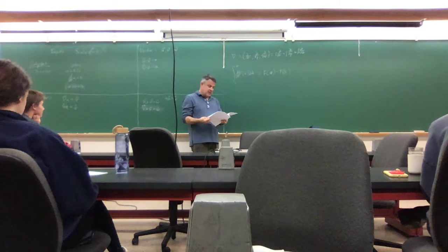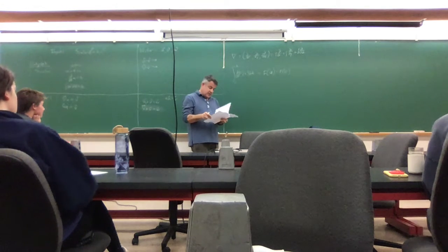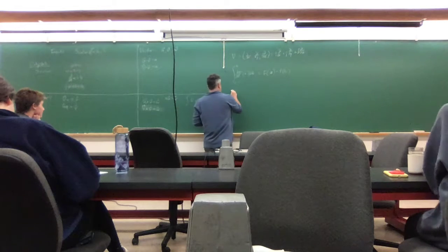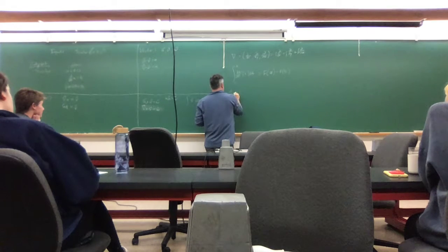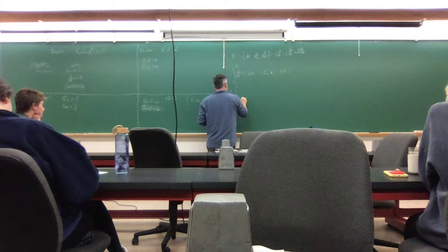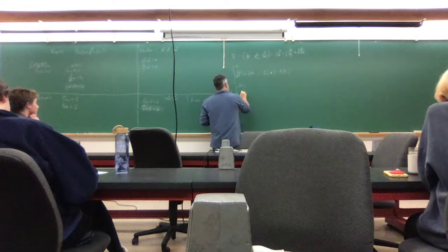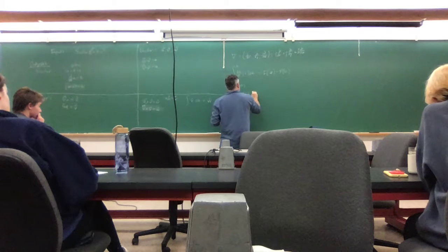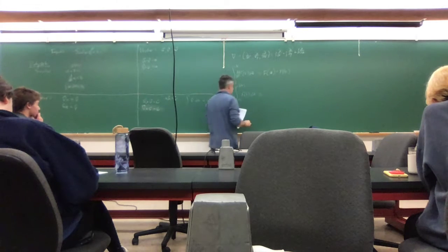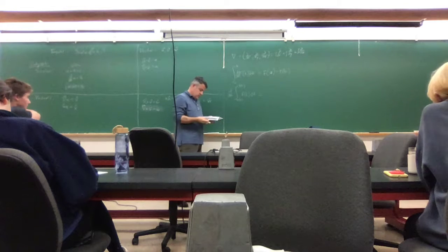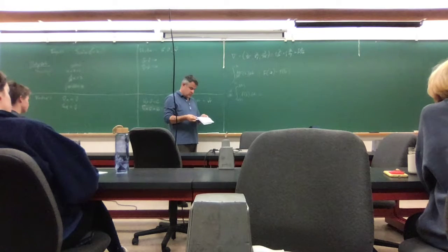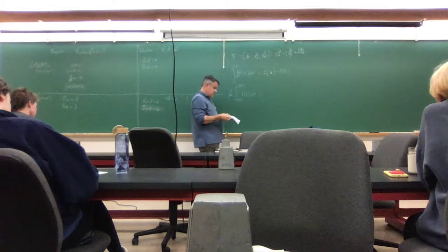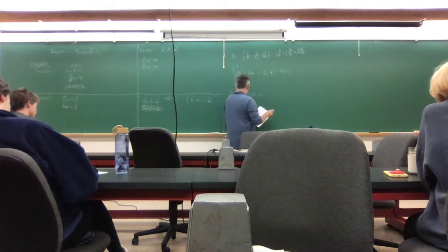And relatedly, we had the Leibniz integral, the Leibniz differentiation, which was d by dt of the integral from a of t to b of t, let's see, f of t, dt. What was that one equal to? Remember?